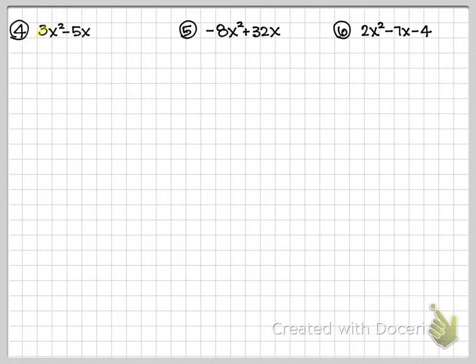If I take a look at the numbers 3 and -5, that's a 1, so I can't take anything out of there and change the problem. But I can with the variables. I have an x squared and I have an x. I think they can both give up an x. So I'm going to go ahead and take my GCF out, open a new set of parentheses, and now I'm going to divide. So basically, what I'm doing here off to the side, so here's my scratch work.